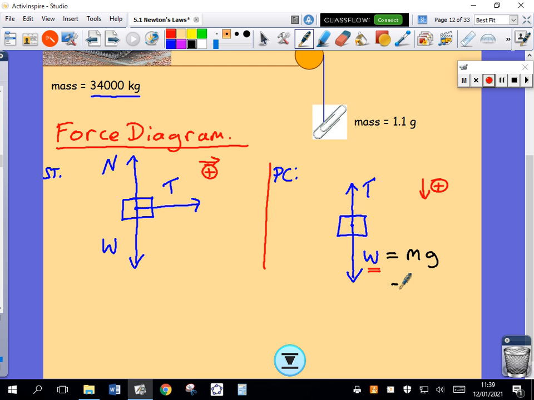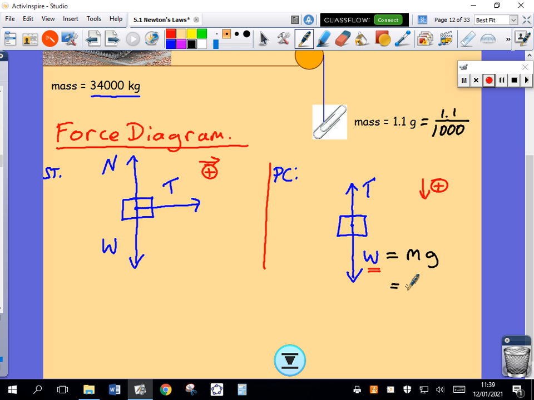Its mass is 1.1 grams. Now 1.1 grams, we need to change that into kilograms because we're dealing with newtons. Newtons are kilogram meters per second squared, so we need to think about its mass in terms of kilograms. So the mass of this thing is going to be equal to 1.1 divided by 1000.